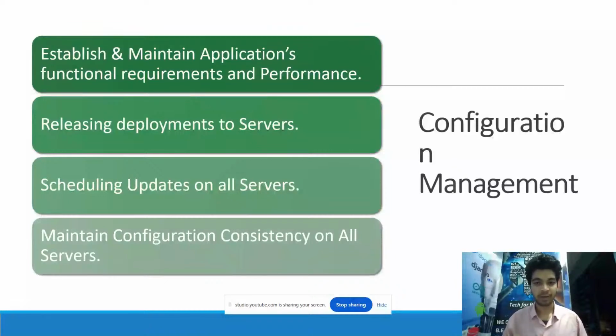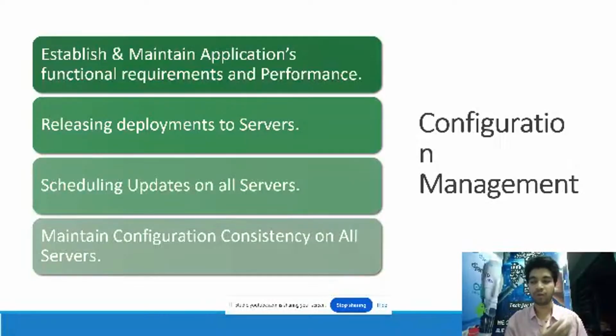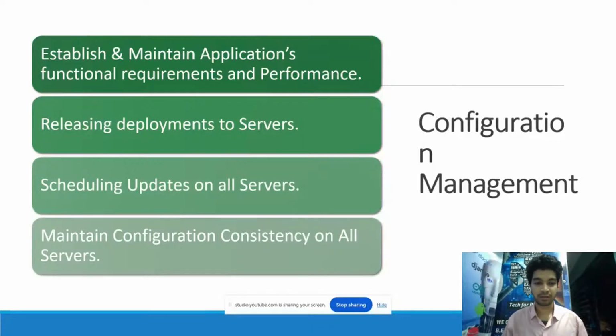The second thing is that you can deploy your script across many servers directly. Third is scheduling updates. Oracle and some IT companies deploy updates on many servers, and here they make use of the Ansible tool. The next point is to maintain configuration consistency in all the servers.